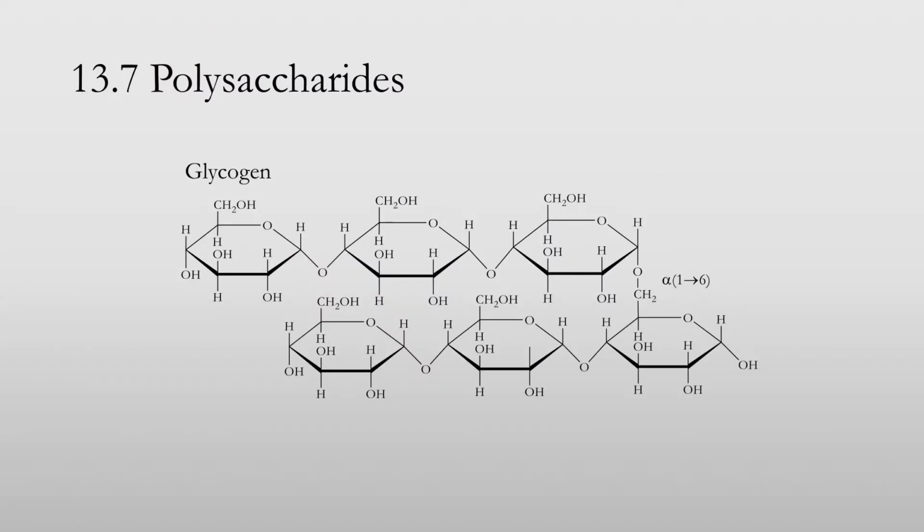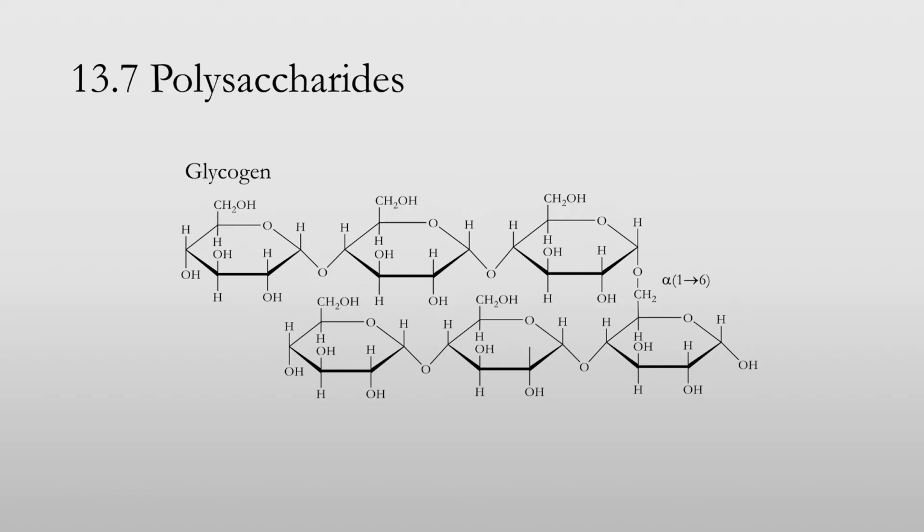Glycogen is the next polysaccharide here. This is basically animal starch. The other one, you could see the potatoes in there. That was plant starch. We just call it starch. But glycogen is made up from units that are also made of glucose, like with the plant starch, but the branching is much different.